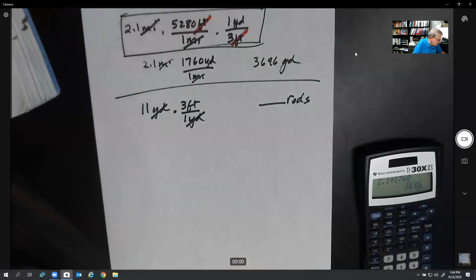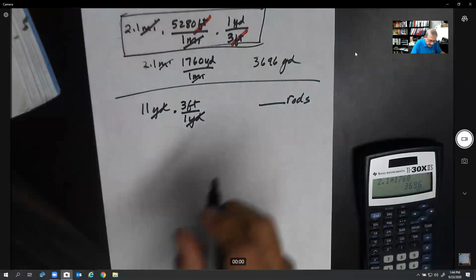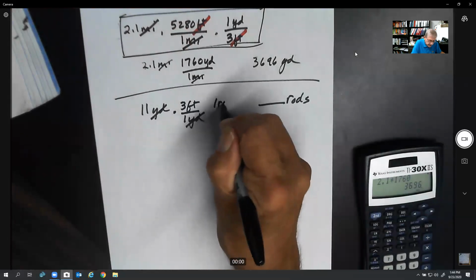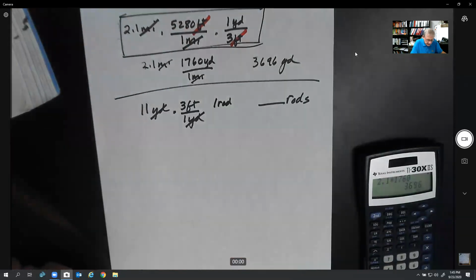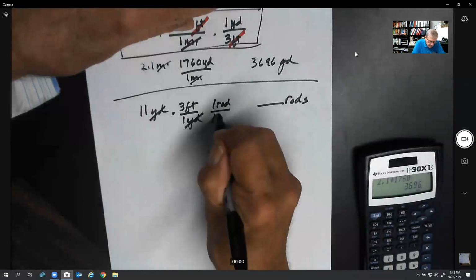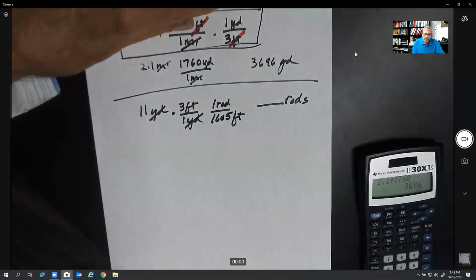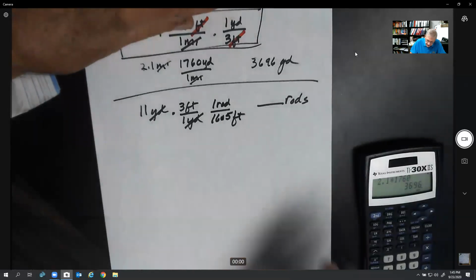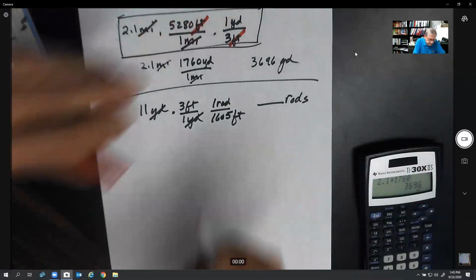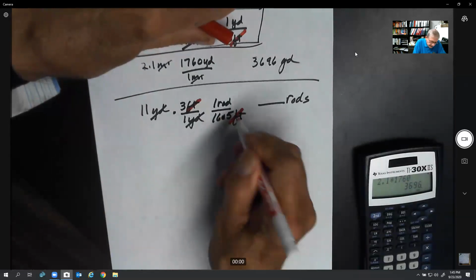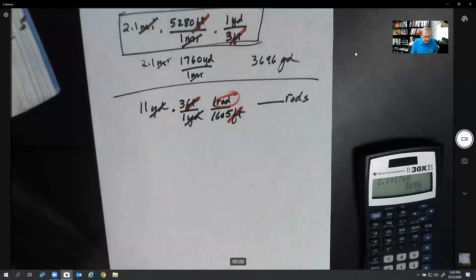Well, I have a conversion. It says one rod is 16.5 feet. See, now the feet will cancel, and I should end up with rods.